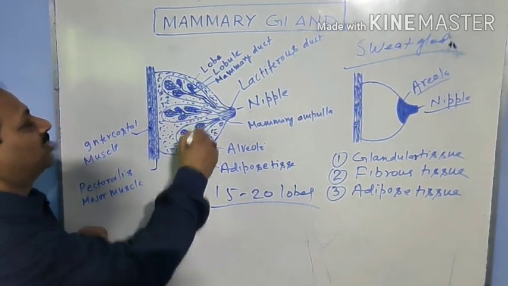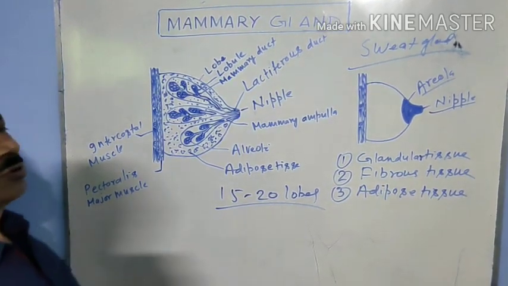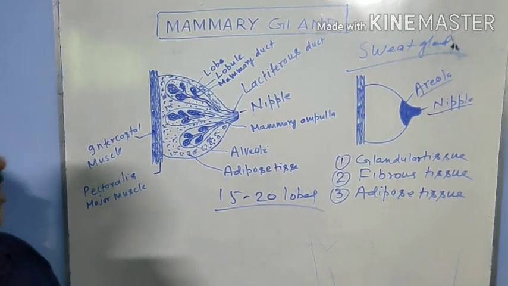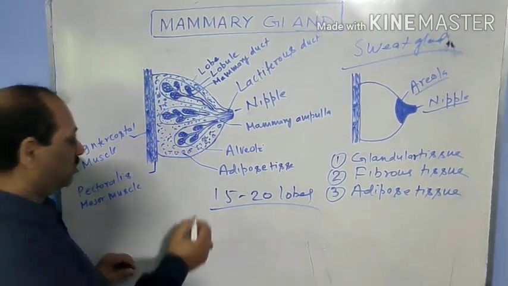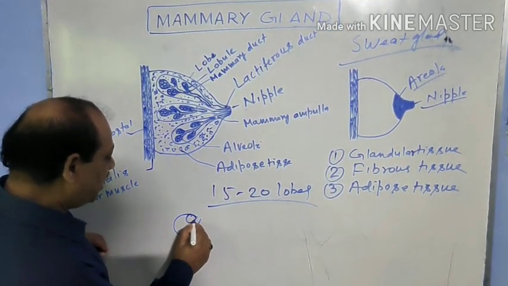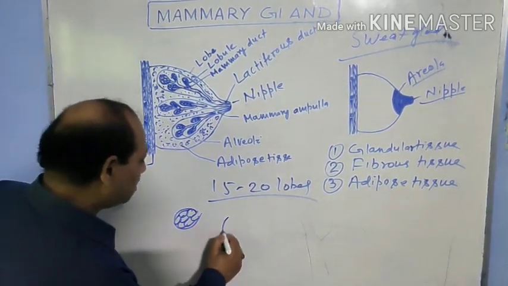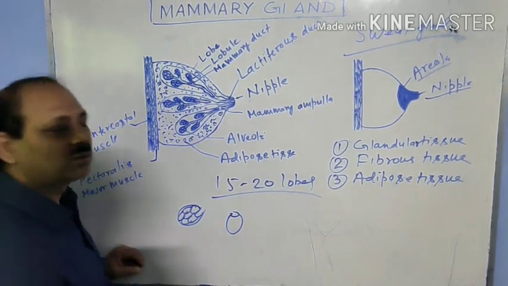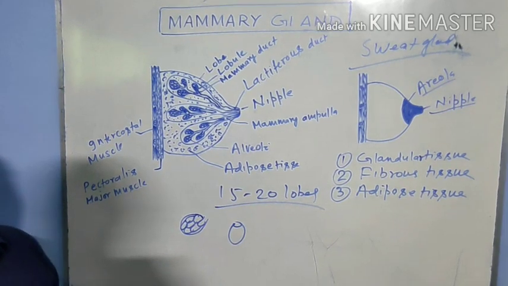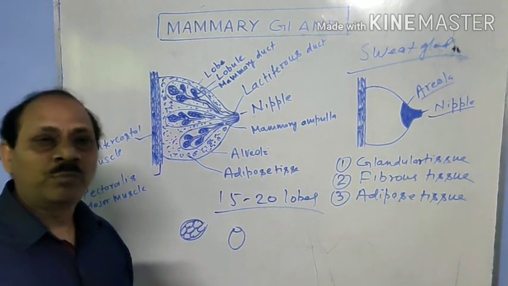It is lobe, and lobe is divided into lobules, smaller chambers, and lobe contains grape-like structures like this. It is known as alveoli, plural alveoli and singular alveolus. It secretes milk.